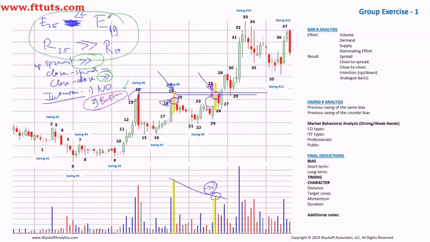So looking at all of this, Ronnie, is bar number 25 more bullish than bar 19? Yes. Okay, more bullish. And what does this mean relative to the whole structure? If 19 was an attempt to overcome the resistance and 25 is doing better than that, what does it mean for the breakout?